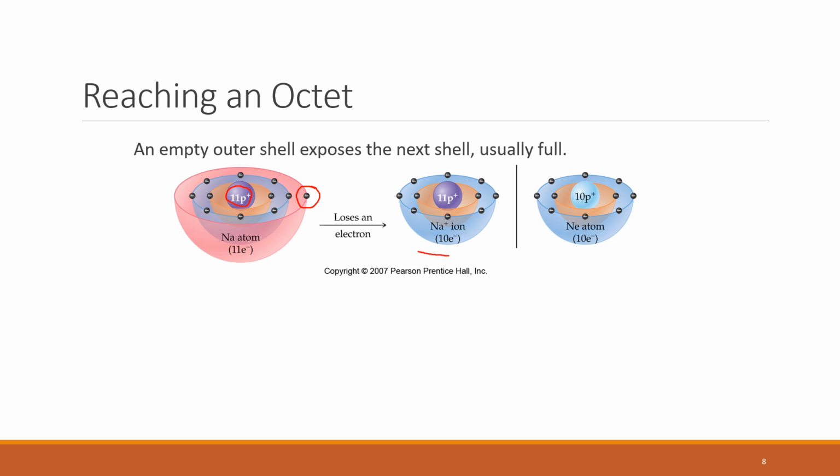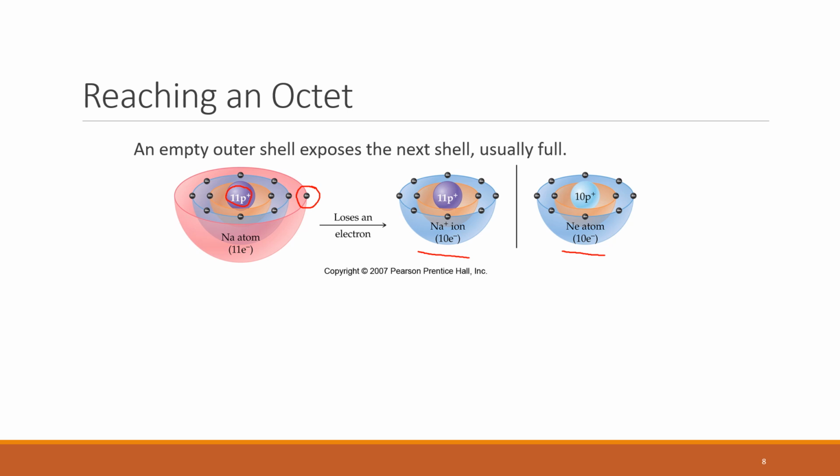Looking at its new outer shell, highlighted in blue here, if you count the electrons, it has 1, 2, 3, 4, 5, 6, 7, 8. So now it has a full octet, and it is happy. And you'll also notice that it is isoelectronic, or will have the same electron configuration now as the noble gas in the row above it, which is the neon atom.